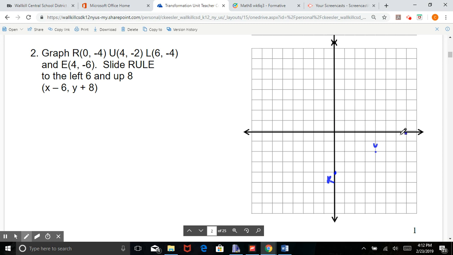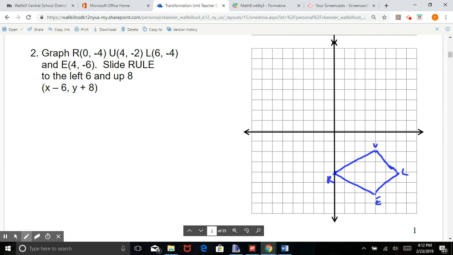L is at (6, -4). And E is at (4, -6). Take your straight edge and neatly draw your shape. And we see we have something that kind of looks like a kite on its side.